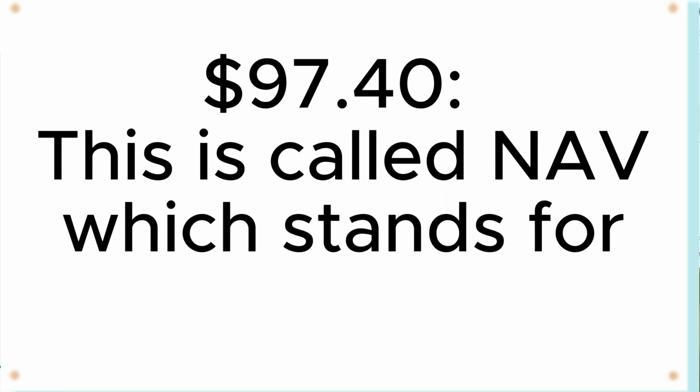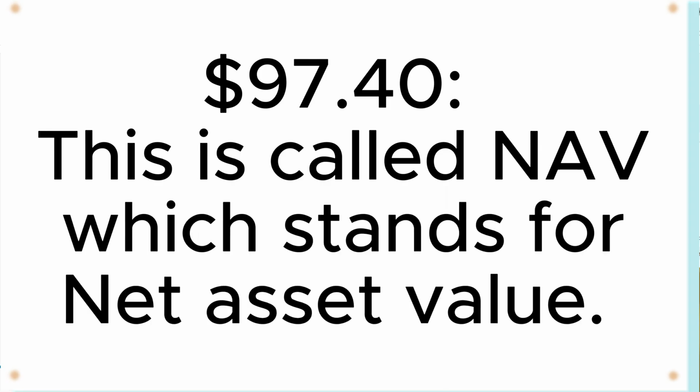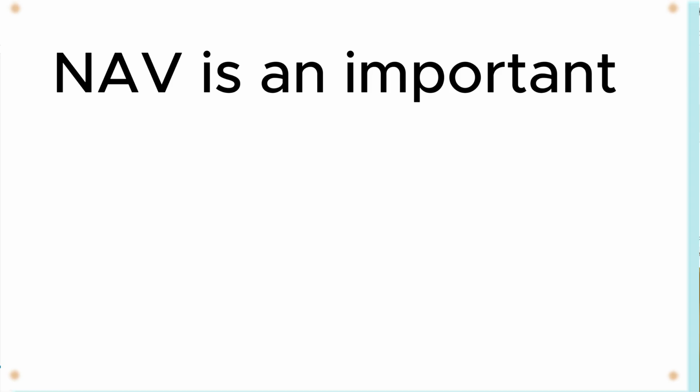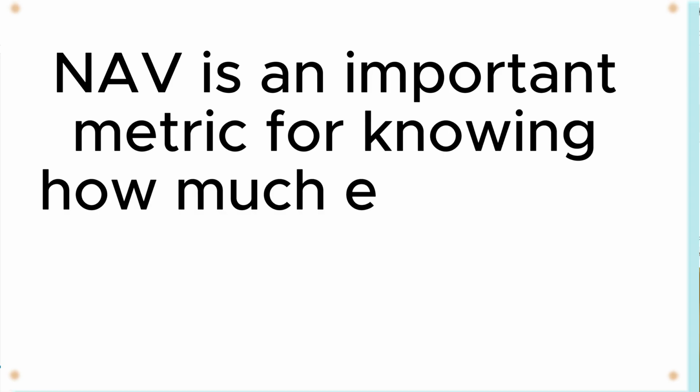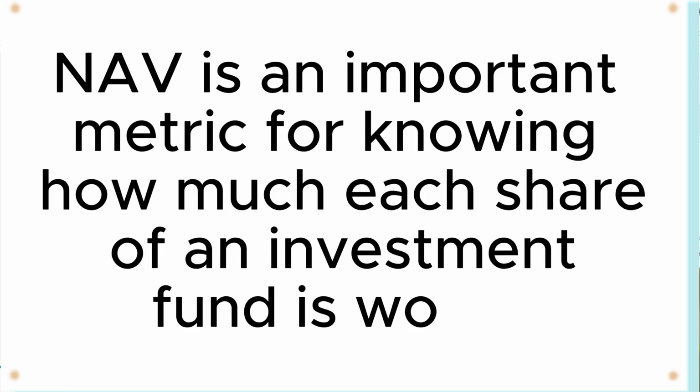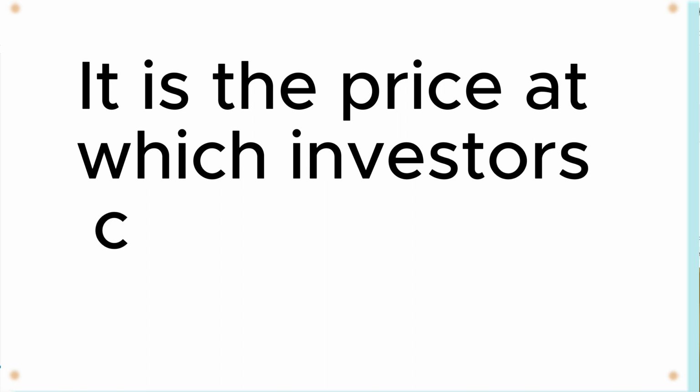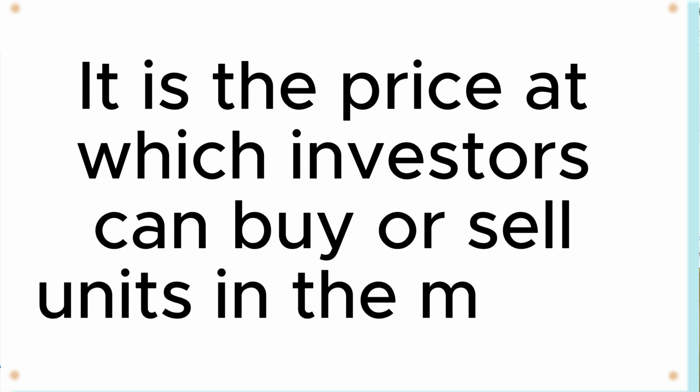This is called NAV, which stands for net asset value, as I have told you before. NAV is an important metric for knowing how much each share of an investment fund is worth. So it is the price at which investors can buy and sell in the market.